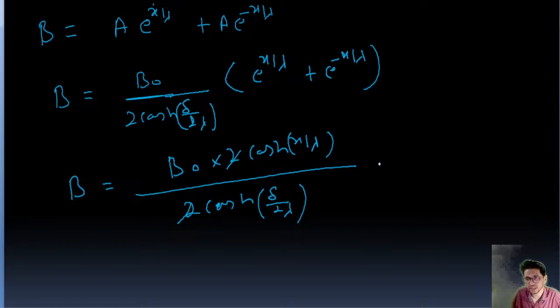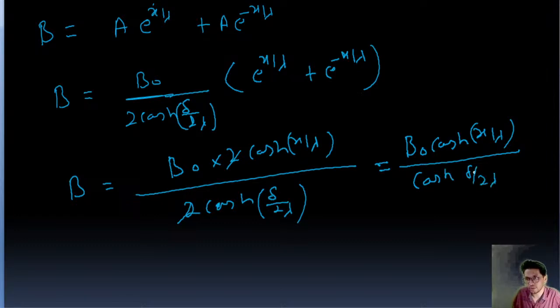2 will get cancelled, so this value is going to be B naught cos hyperbolic x by lambda upon cos hyperbolic delta upon 2 lambda, right?